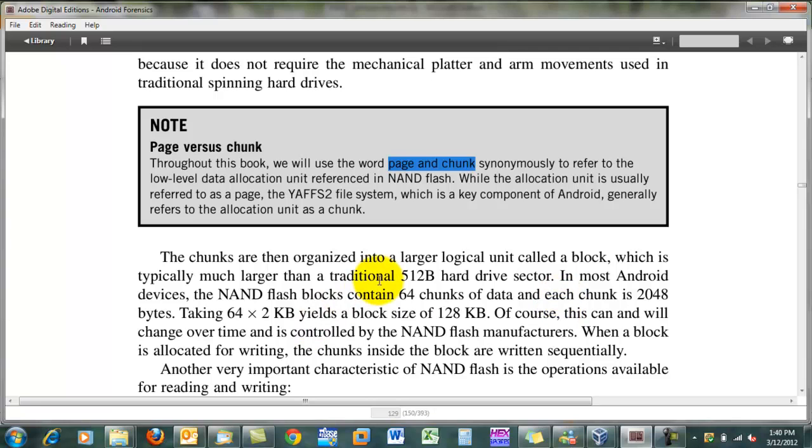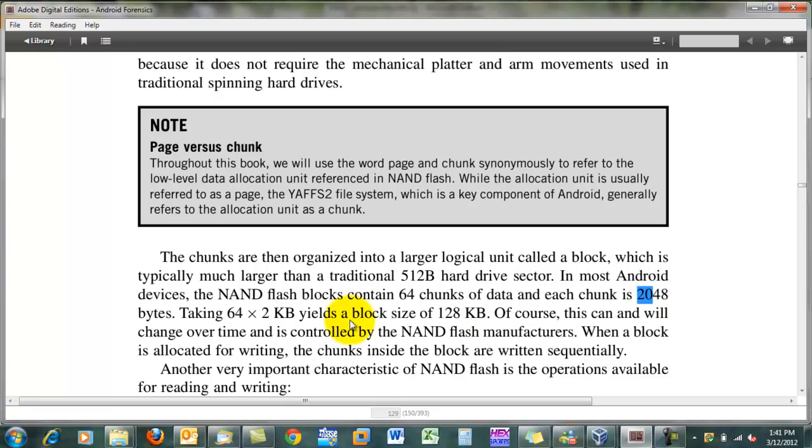Let me give you an example. On the normal traditional hard disk, a lot of sectors will form a block. Similarly, in NAND flash, a lot of chunks or pages will form a larger unit called a block. So a normal NAND flash block consists of 64 chunks of data, for example, and each chunk is 2048 bytes.